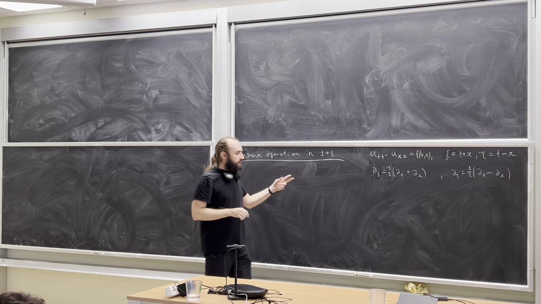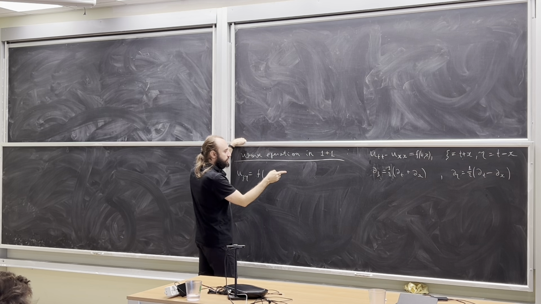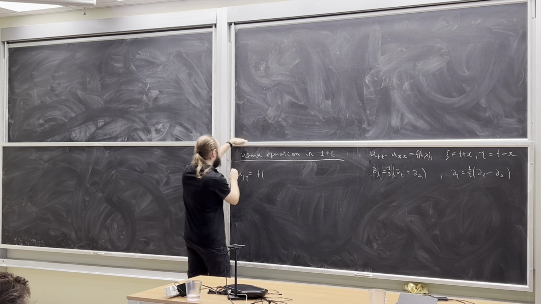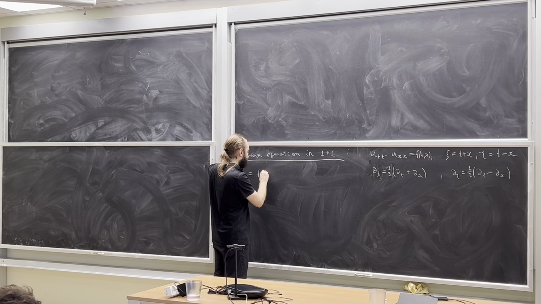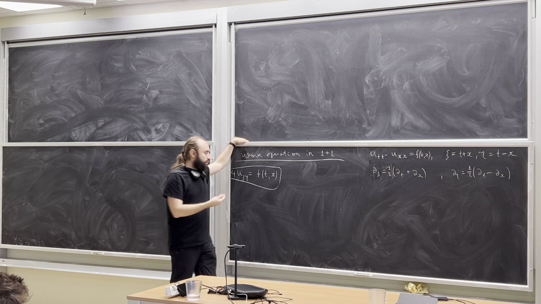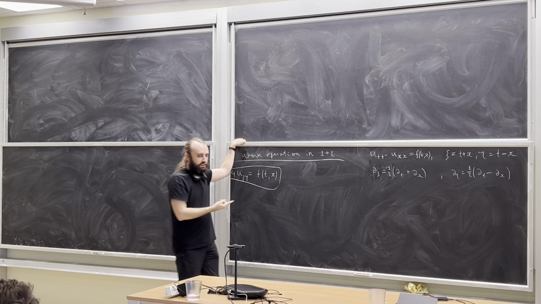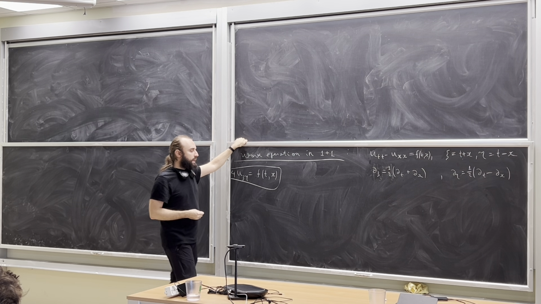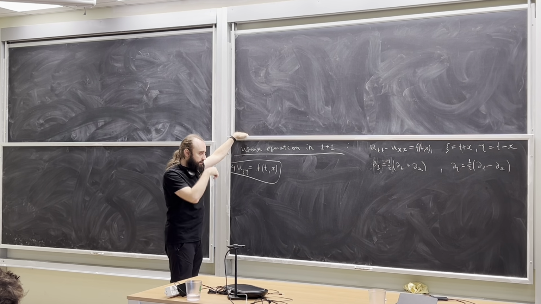So if I write this equation using xi and eta, it is written as 4 times u xi eta equals f of t, x. So this is this equation in new coordinates. But first, let us consider the case when f is 0, and ask what kind of problems we can solve.